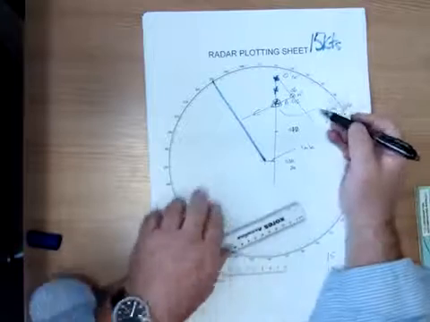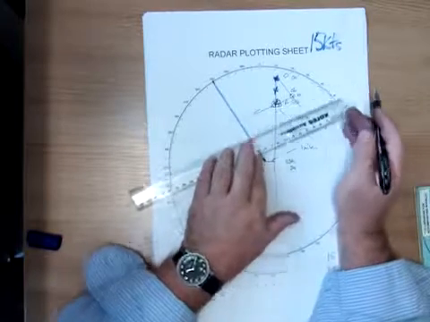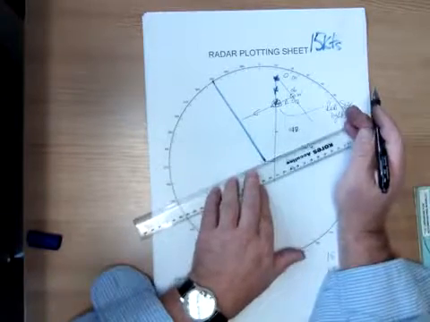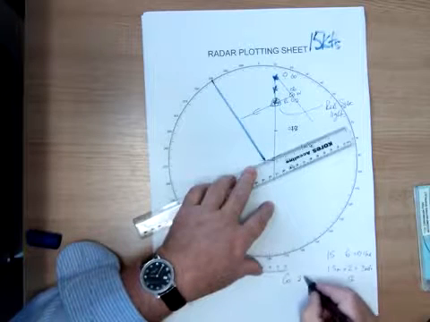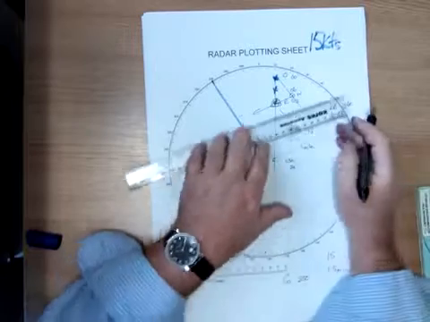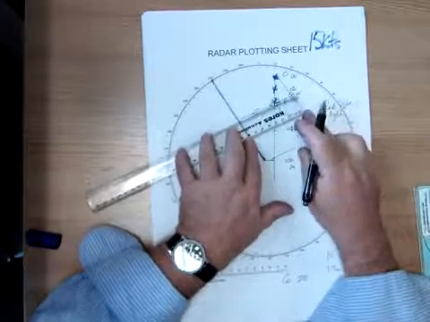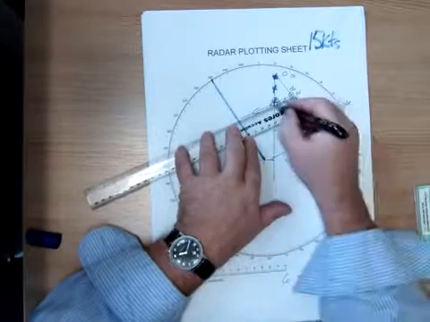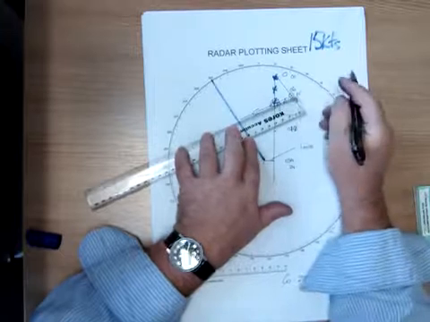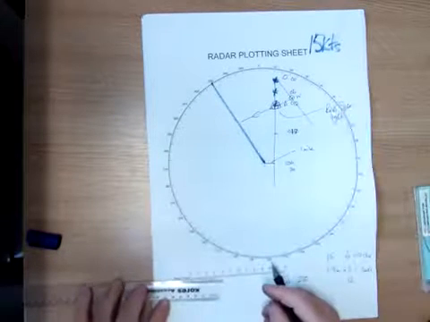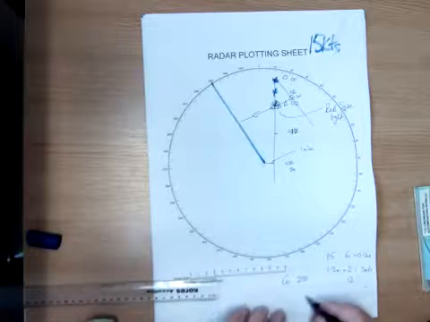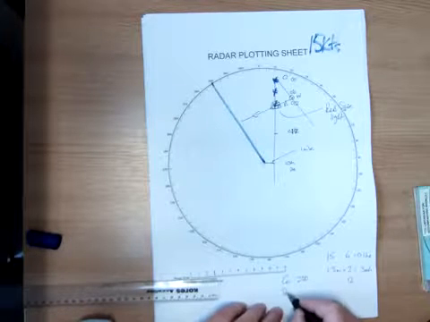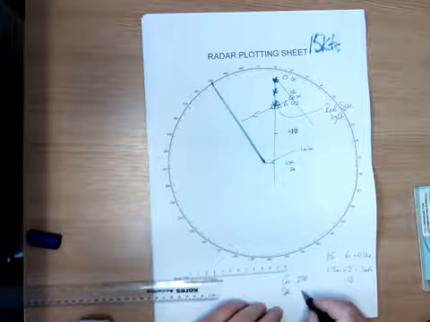So what's her course? Well, if I come down, run parallel, her course is 250, and her speed is 3 miles in the same time, so her speed must be, anybody? 15.